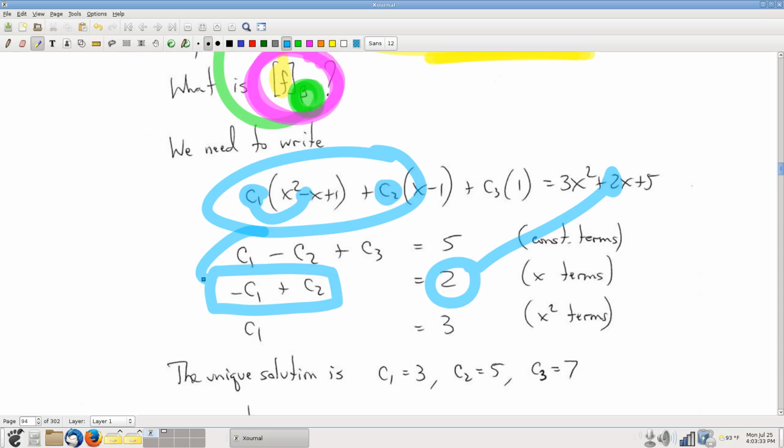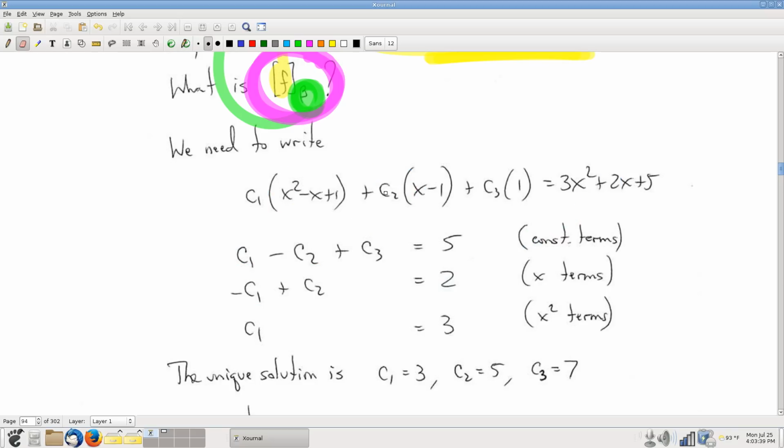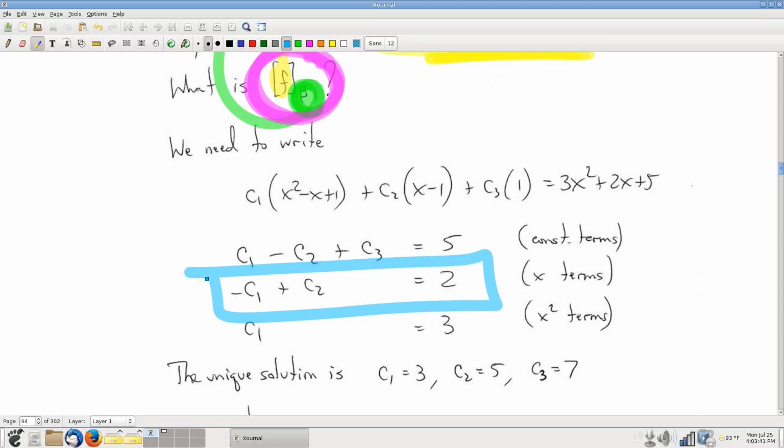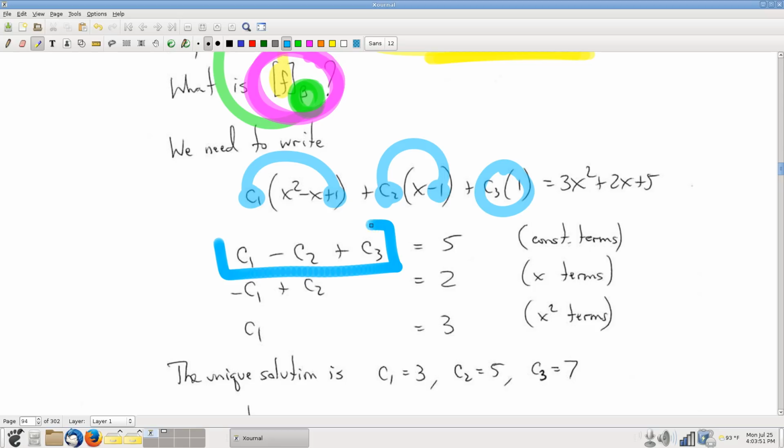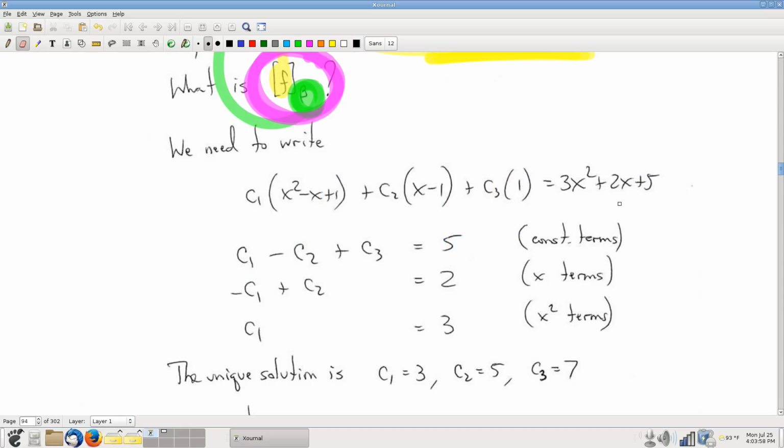So again, if these are going to be equal for all values of x, we need these x coefficients to be equal, and so we need for that to equal to that. Likewise, for the constant terms, we have C1 minus C2 plus C3 on the left. That had better equal the 5 that's on the right, and thus we get this equation.